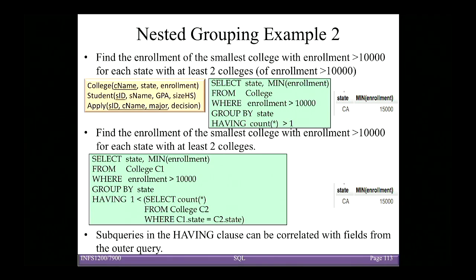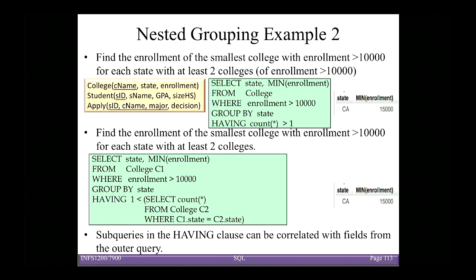As we discussed, in the top version, given that the where clause and the having clause had agreement on that condition, that you wanted only enrollment higher than 10,000, you could have just looked at count star and look at each group and see which groups have more than one member in them and return those. In the bottom one, the where clause and the having clause condition doesn't match anymore.